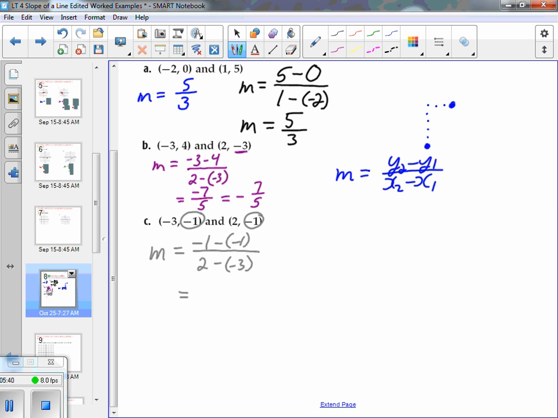All right, so again, minus negative means plus. So the top is -1 plus 1. Well, that's 0. The bottom is 2 plus 3, 5. And what's 0 divided by any other number? So our answer is 0. Okay?